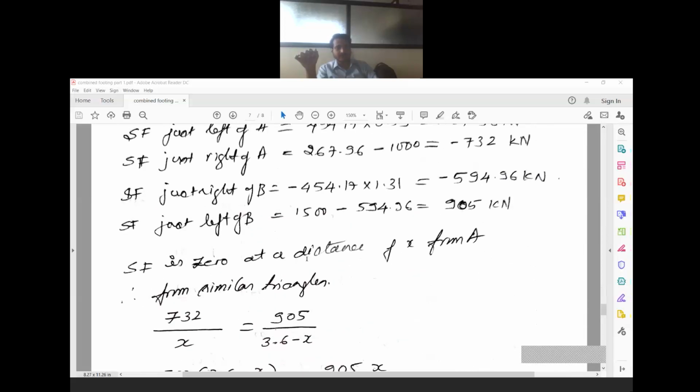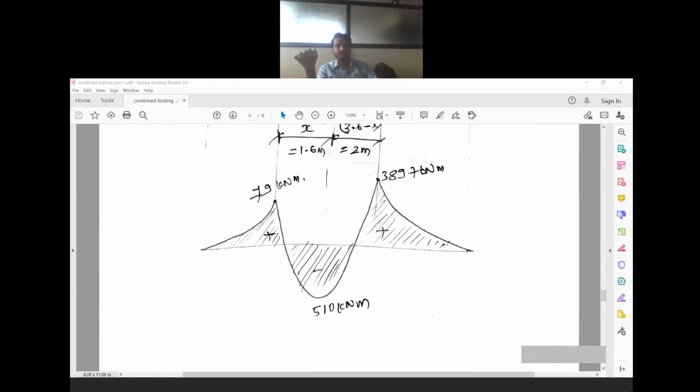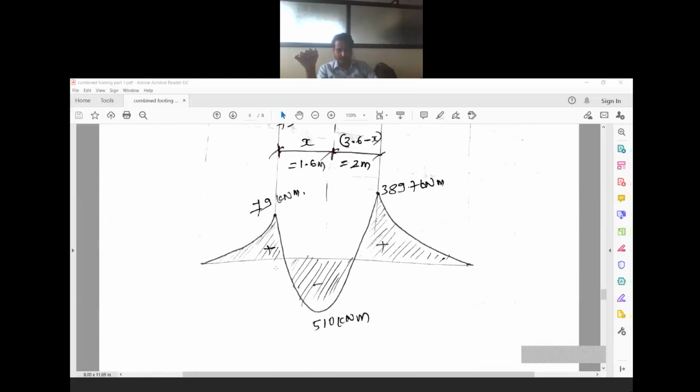So for this we shall draw the bending moment diagram. We have three values. I have shown you this bending moment diagram. This point is A, this is B, and this point is X. So Mx is minus 510 kilonewton meter.